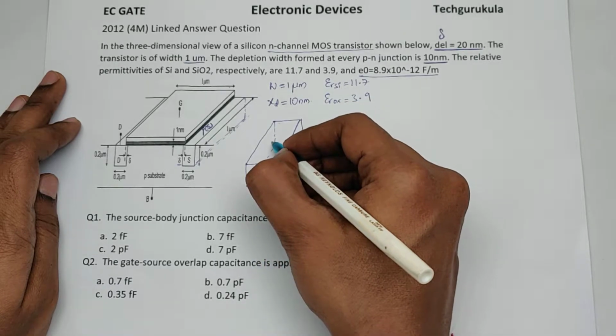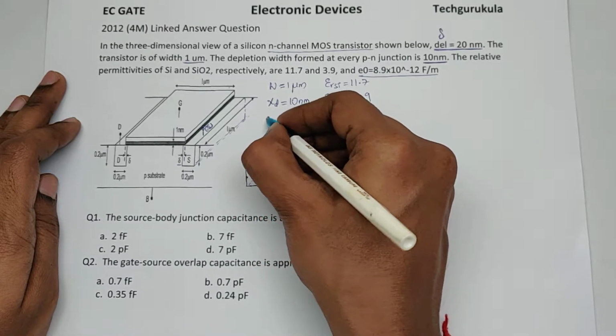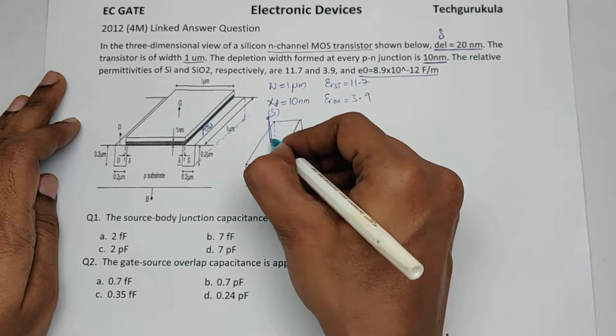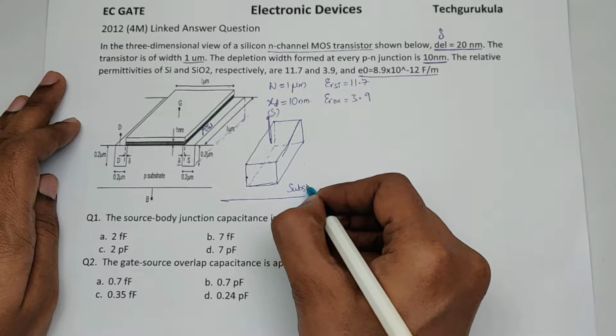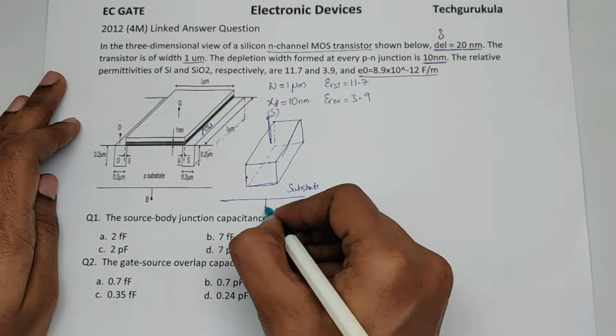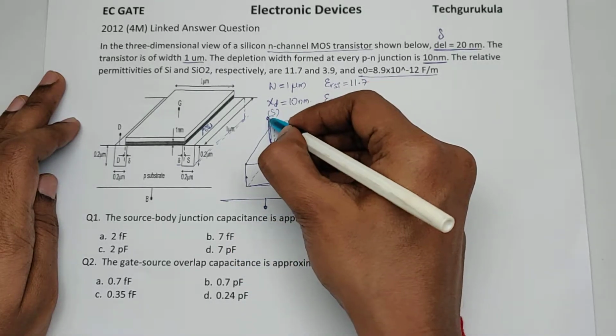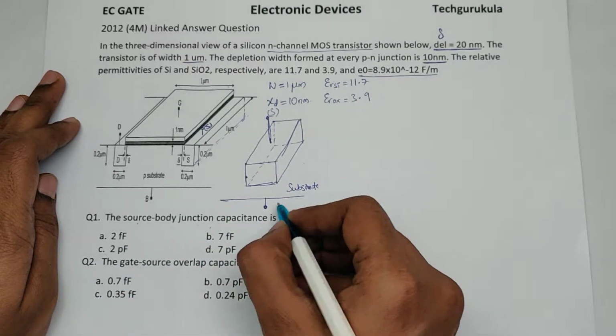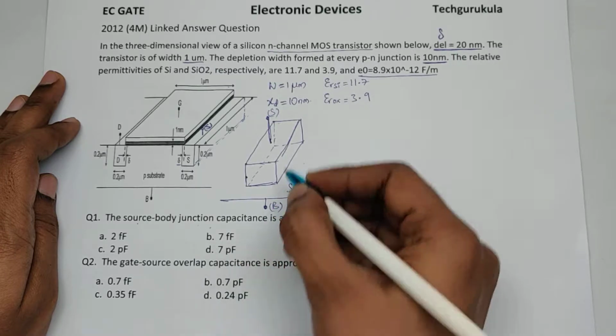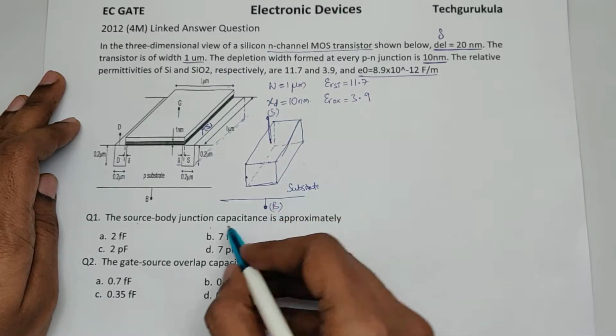So now this terminal is called source. Now if you observe, there is this substrate and substrate has a contact. If you see here, the question is source body junction. The body is nothing but the substrate contact, which is body. Source to body junction capacitance.